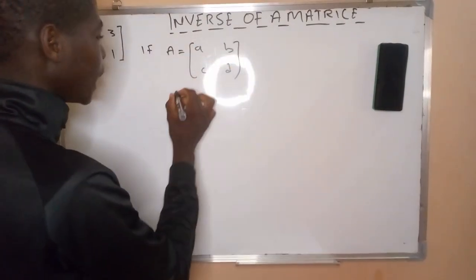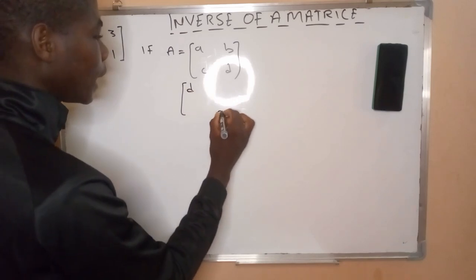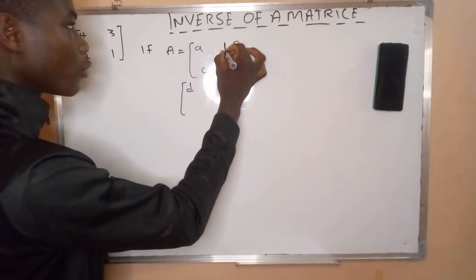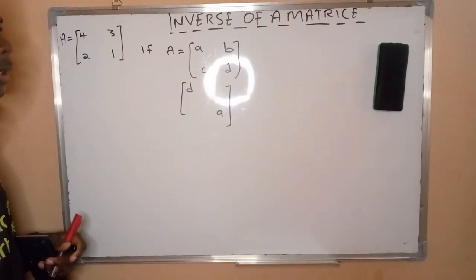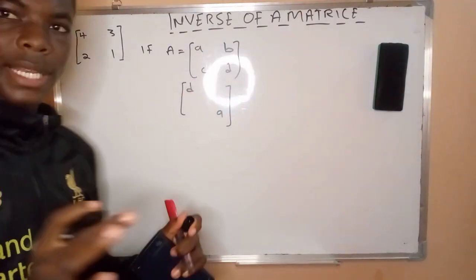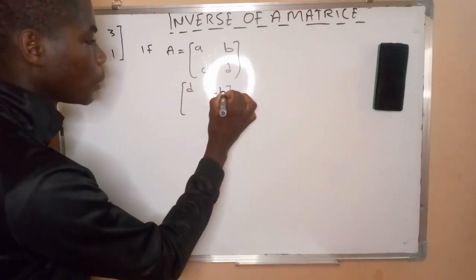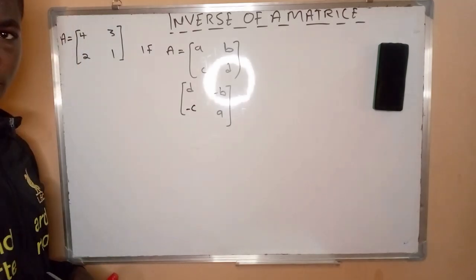If we swap a and d, we will have d and a. But we have to introduce a negative sign to b and c. The b and c will remain where they are, so it will become minus b and minus c.